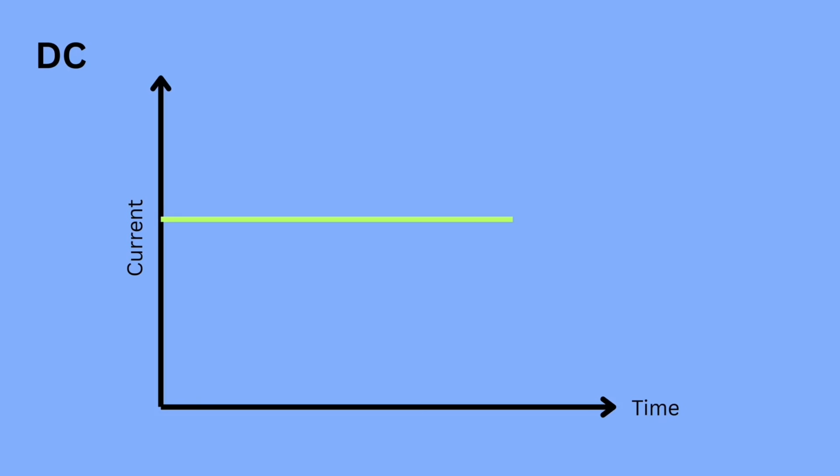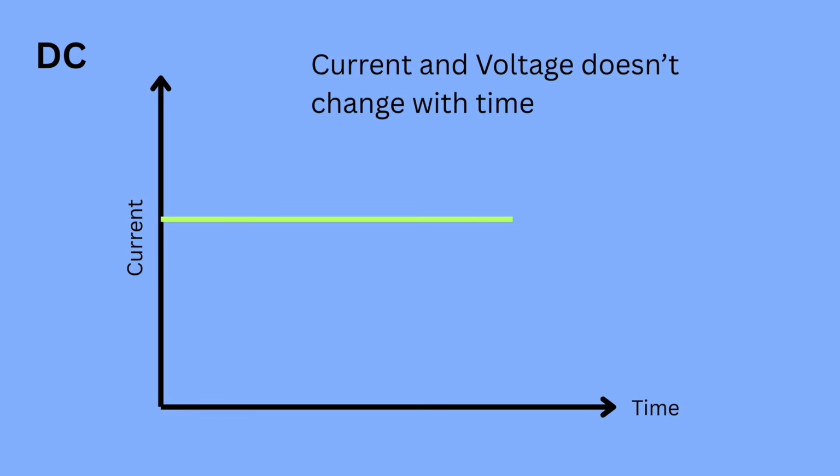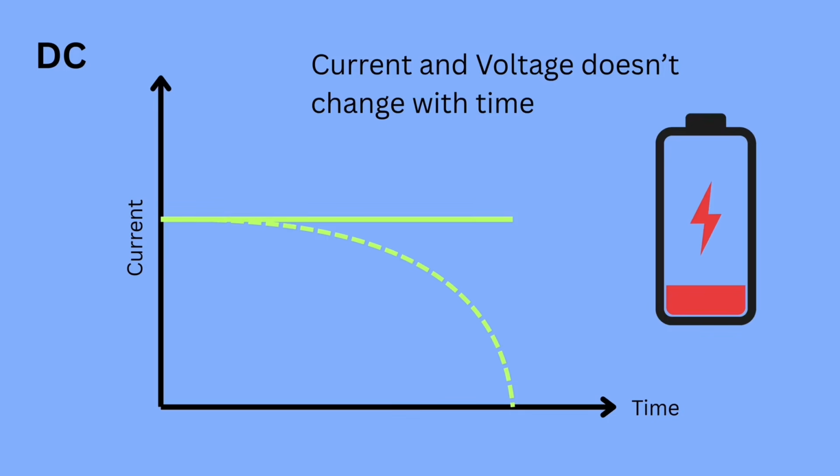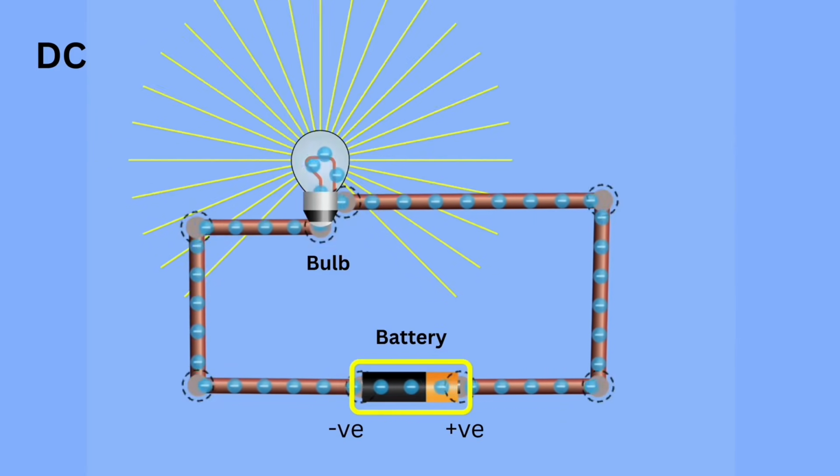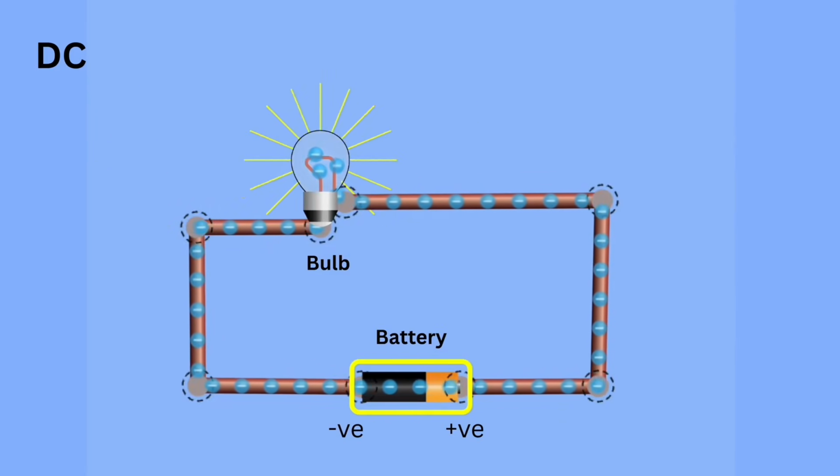See, if you plot current on the y-axis and time on the x-axis, the graph mostly appears as a straight horizontal line because the current doesn't change with time. Note that sometimes the current in DC can slowly decrease with time. For example, when a battery starts losing energy as it gets discharged, the important thing is that the direction of flow never changes.